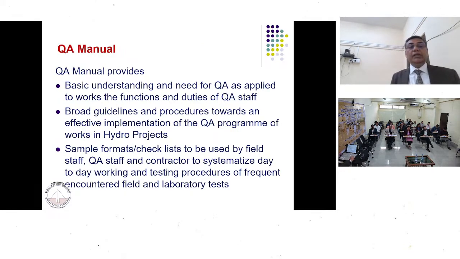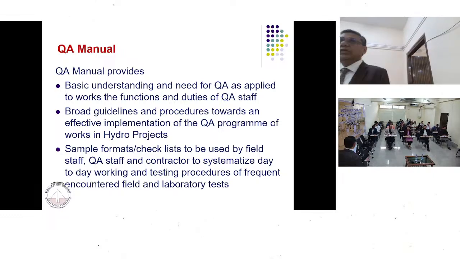The QA manual will provide basic understanding and the need for QA, broad guidelines and procedures towards effective implementation. You may sometimes question that there are standard sets, practices and codes. Suppose, for example, yesterday we discussed determining the grain size distribution.